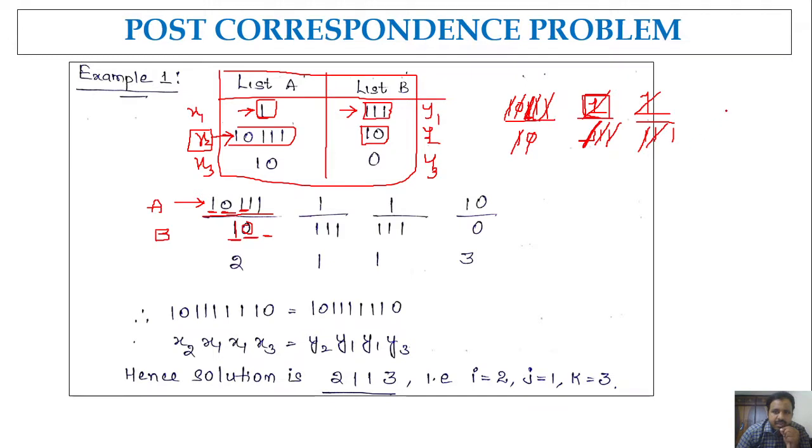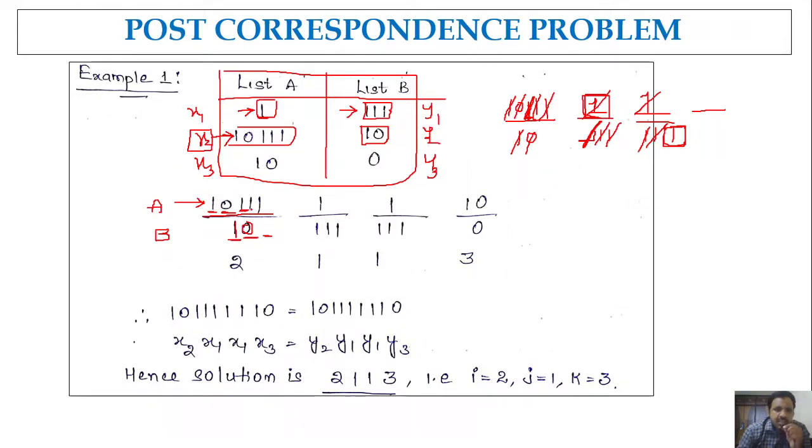So we got one more extra 1 in the denominator part. Then while selecting the next string, the numerator part must have that 1. So you have to follow such a pattern while matching the sequence of strings.